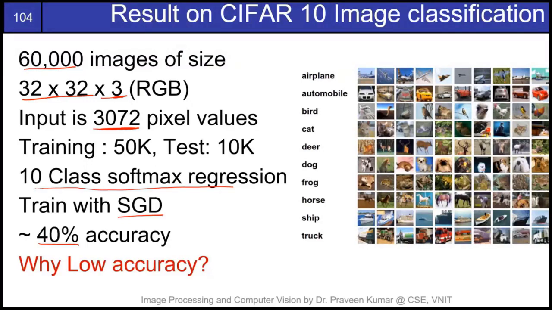Why? Can anybody guess why this linear classifier performs poorly on this data set in comparison to MNIST? Because we are dealing with images, and you have identified one of the major bottlenecks here, as we are just using simple raw input pixel values.